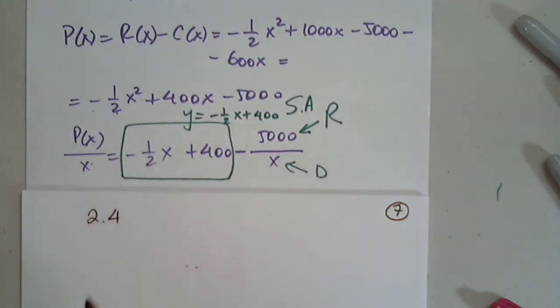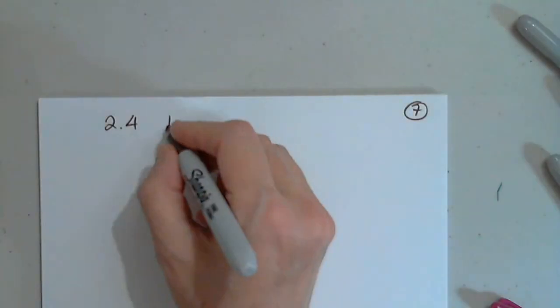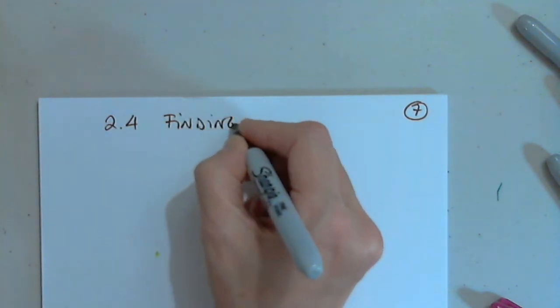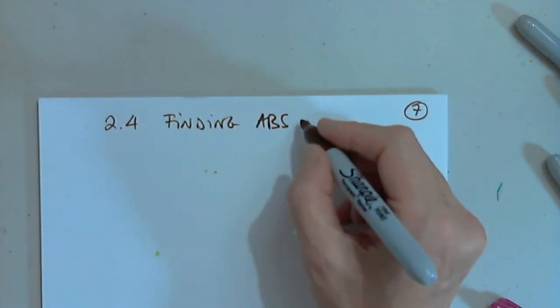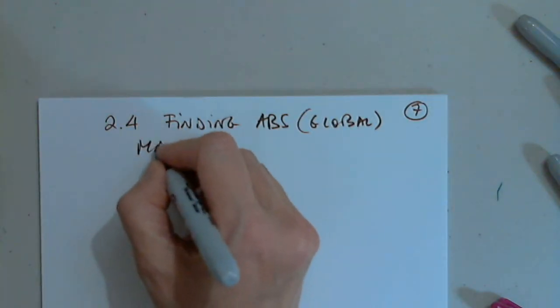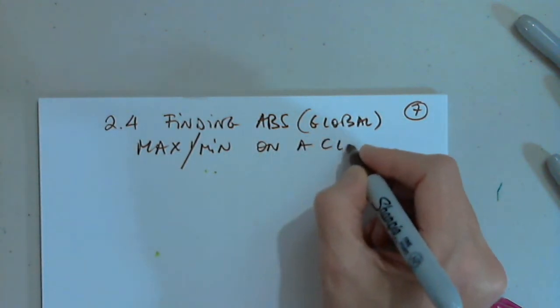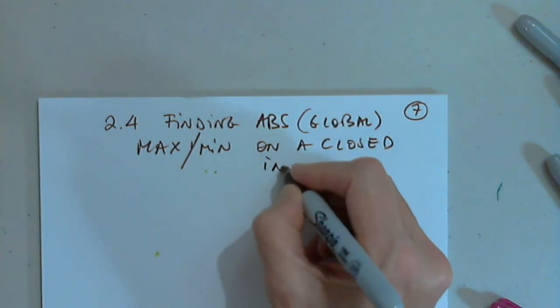Okay, I would like to continue with 2.4, finding the absolute, also called global, max or min on a closed interval.